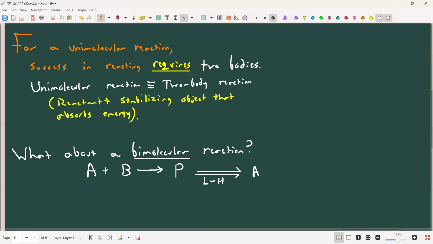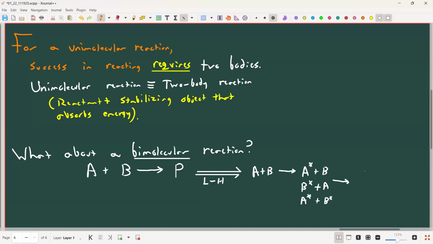Well, they would say that what happens is A plus B maybe reacts, and maybe you form A star plus B, or B star plus A, or A star plus B star. You've got some options.